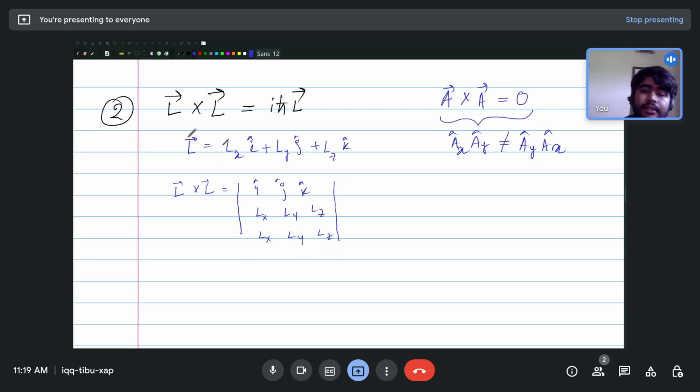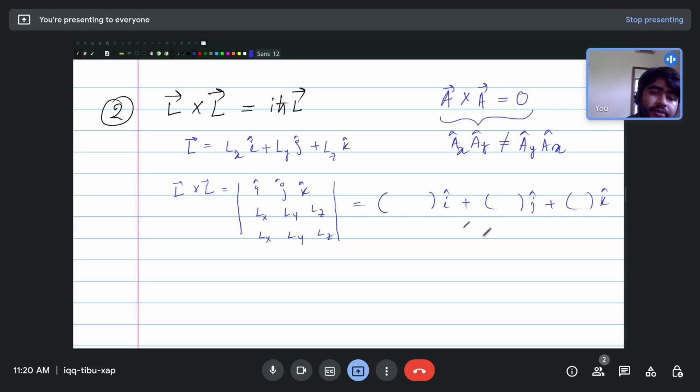You have to remember that all of these Lx, Ly are now operators, and they generally don't commute. Now if you finish this, you will get three components of this vector: one in i cap, plus something in j cap, plus something in k cap.